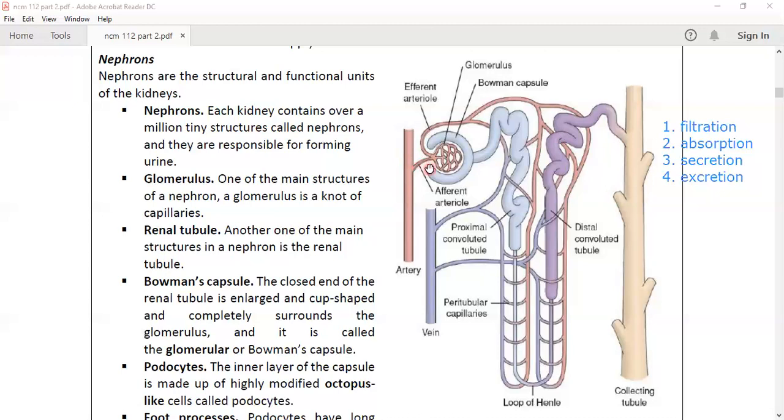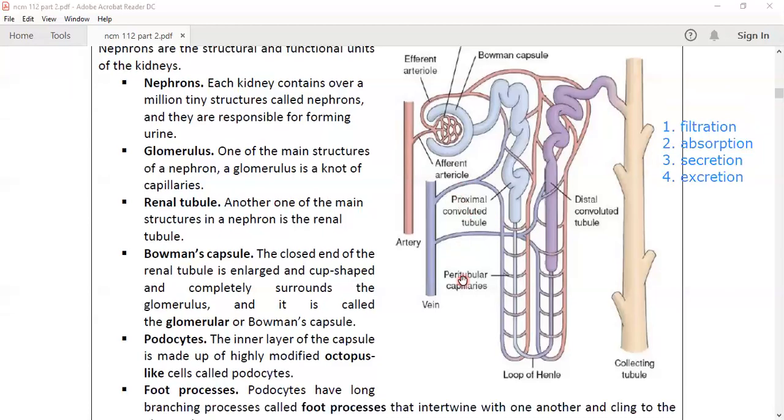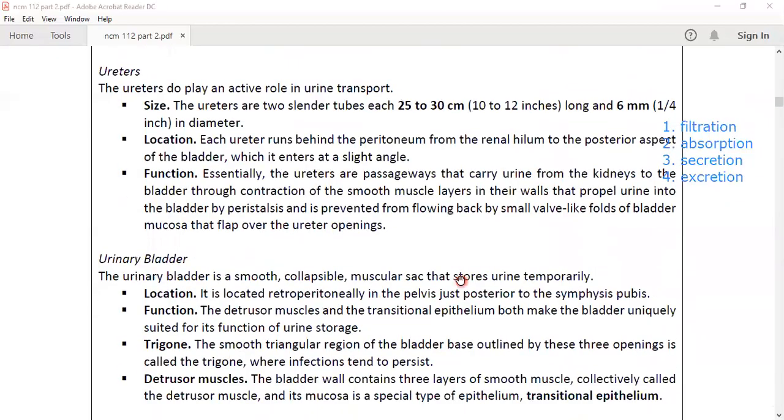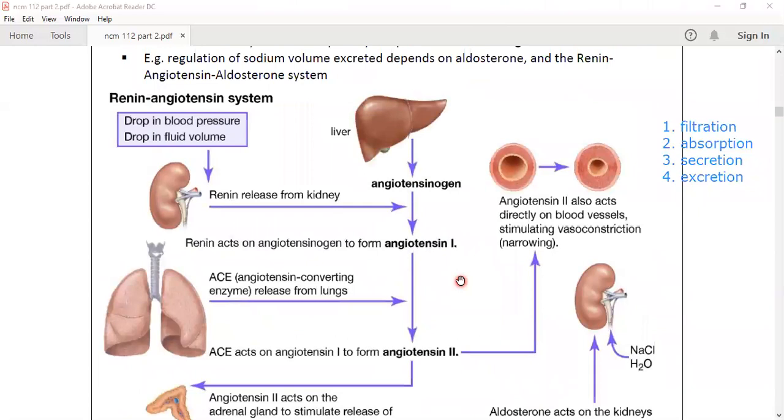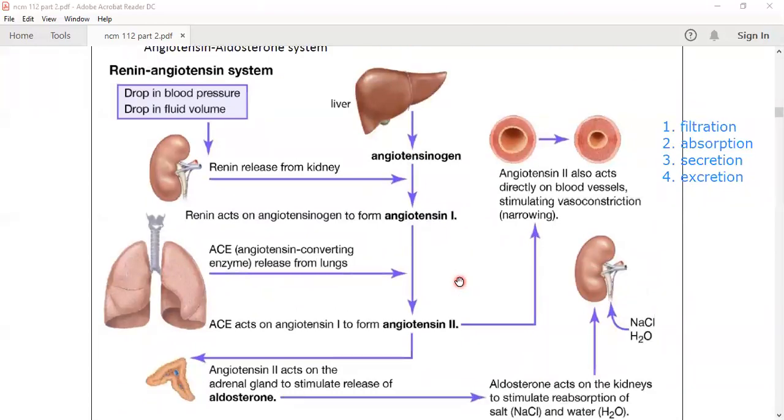All right, so let's try to expound more on that renin-angiotensin-aldosterone system. Proceeding with a diagram which you can find in your handouts. What is the trigger for the initiation of your renin-angiotensin-aldosterone system?